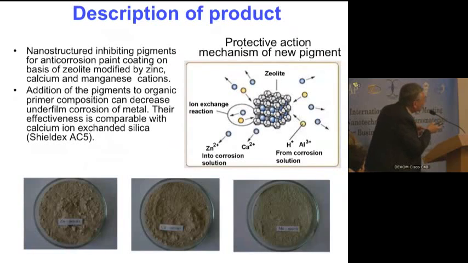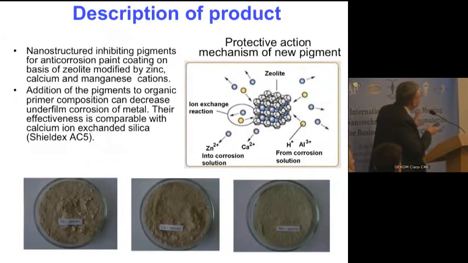As soon as there is a corrosion element, for instance, hydrogen, this hydrogen removes calcium ions from the zeolite, and they close the gap, and they inhibit the corrosion significantly. So this is the method of action of this pigment.